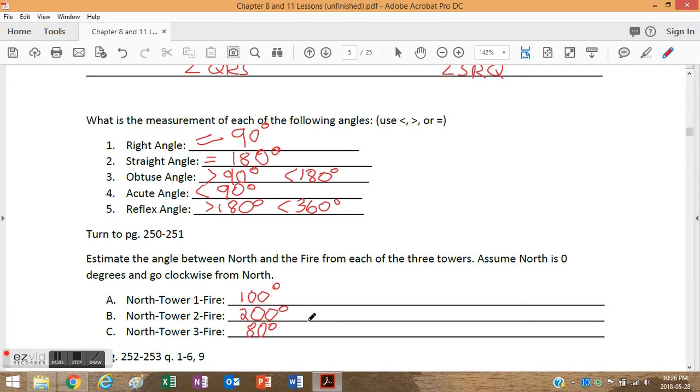Number 3 gets you to sketch a compass like the one there. And it's asking you to look at the degree measure from north for each direction on the compass. So if 0 degrees is north, that means 90 degrees is east. Halfway in between 0 and 90 is 45. That'd be northeast.